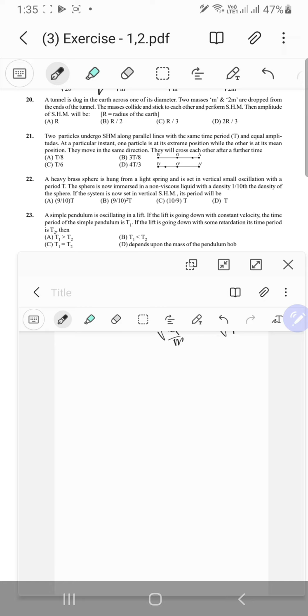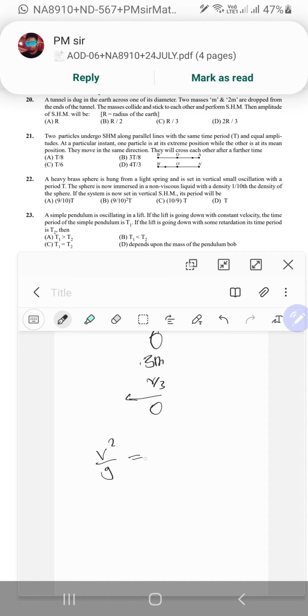At first, we have dropped it from capital R. Say this m is moving with some v, and this 2m is also moving with the same v. When they collide, their net momentum will be mv in this direction, and it has 3m, so now it's going to be v by 3. What do we know? This quantity, v squared upon 9, equals kx squared.